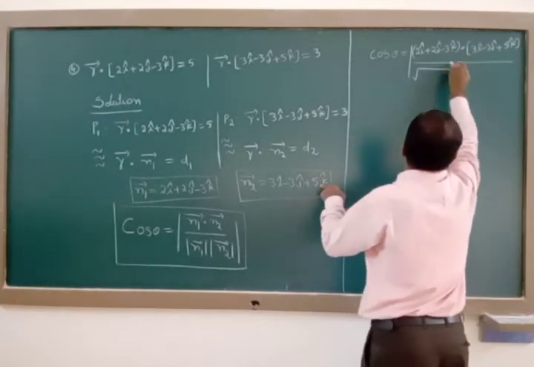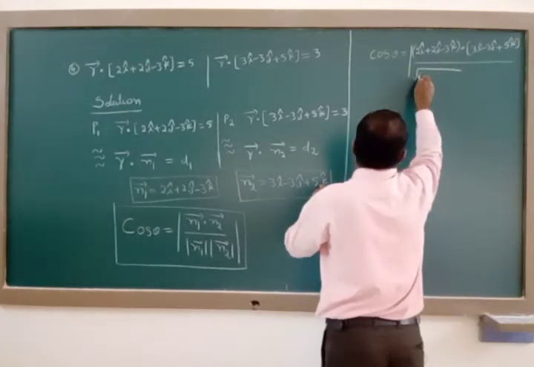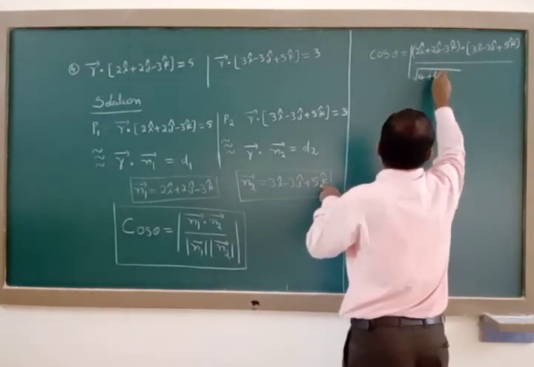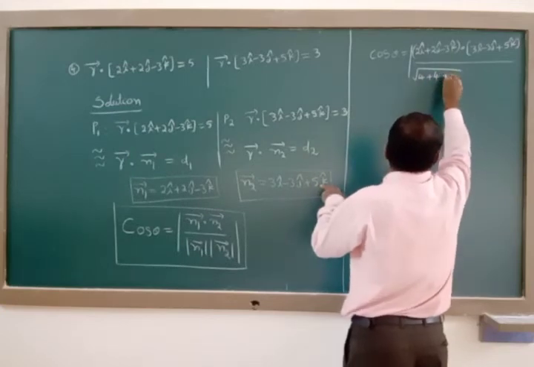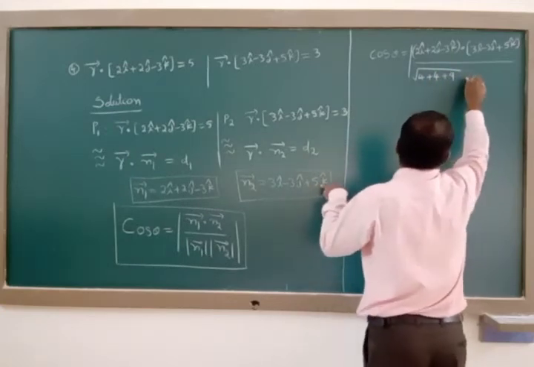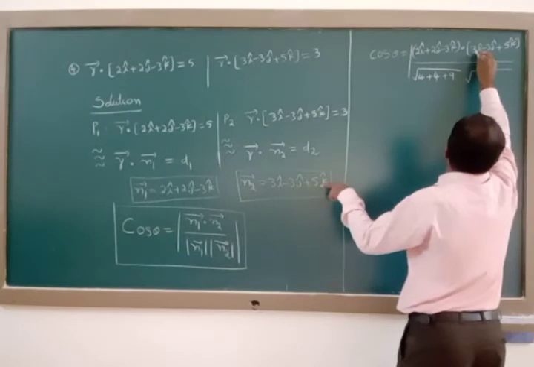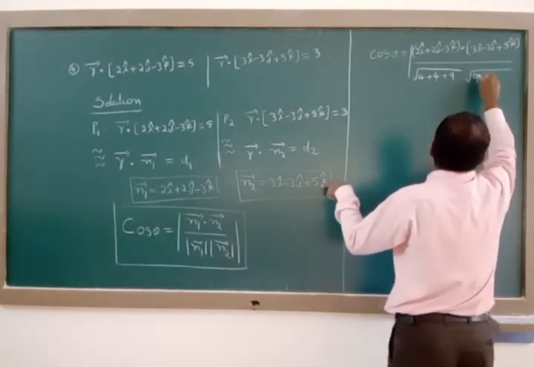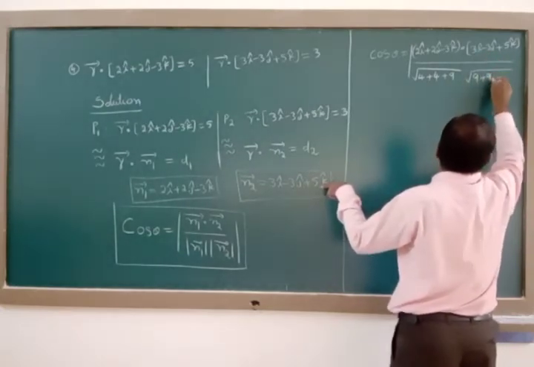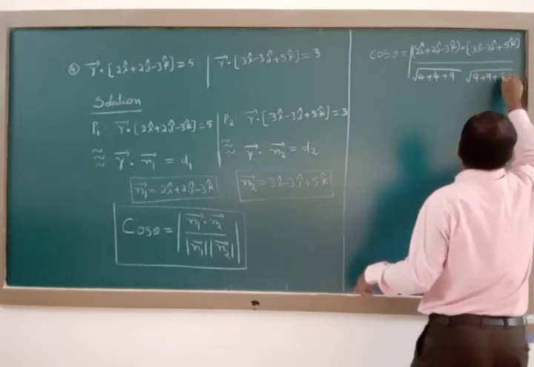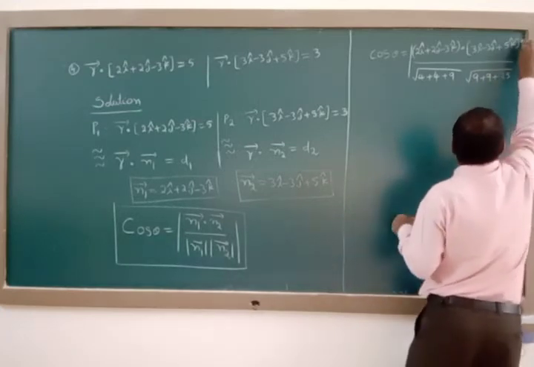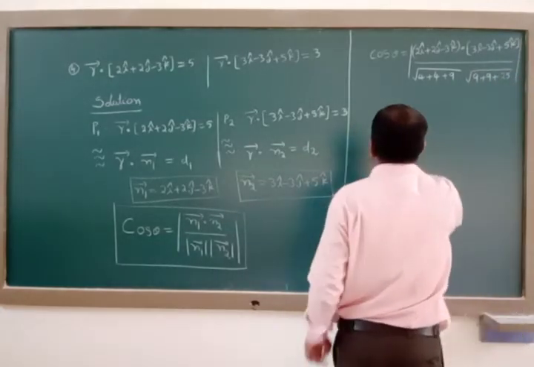Square root of the magnitude of the first vector: 2 square is 4, plus here 2 square is 4, plus minus 3 whole square becomes 9. Square root of 3 square means 9, plus here minus 3 whole square 9, plus 5 square means 25. Arrange them under modulus here.